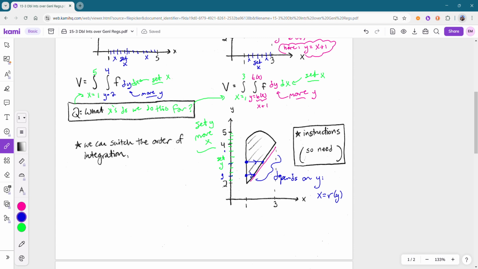Now if we choose a y that's a little bit further up, again we're starting x at 1, stopping it on the line. But if we go high enough up here, now we are starting x not on this solid line on the left at 1, but actually on this curve. And we're stopping ourselves at this curve over on the other side.